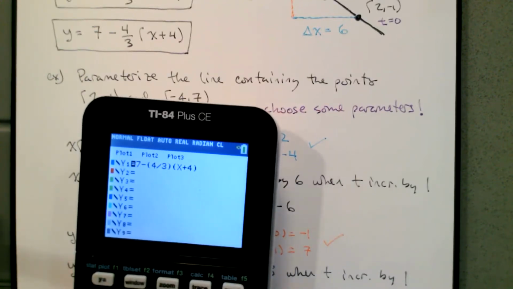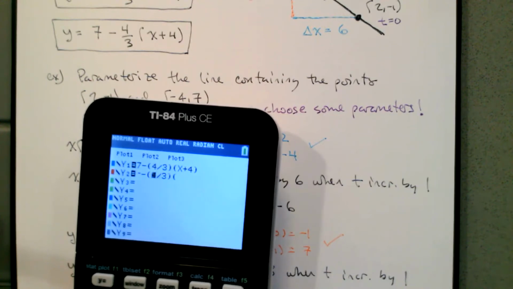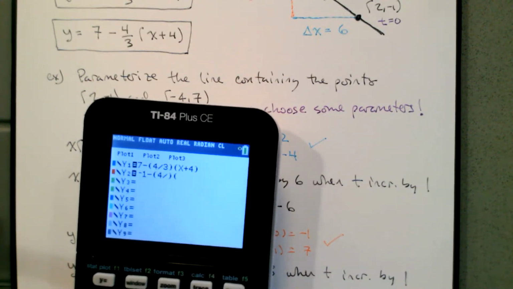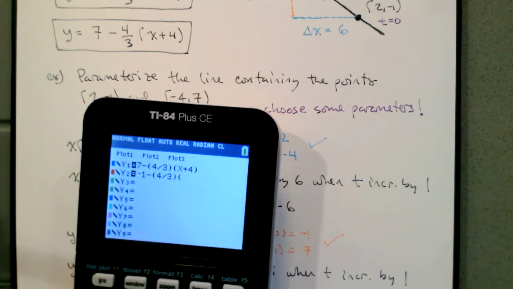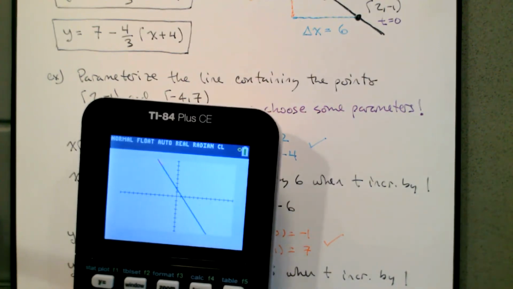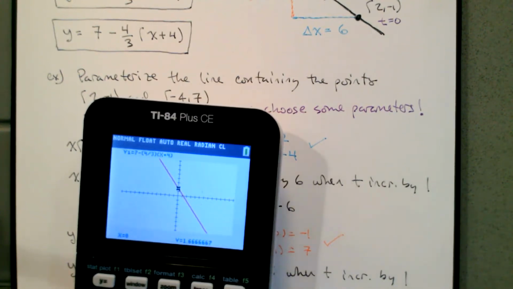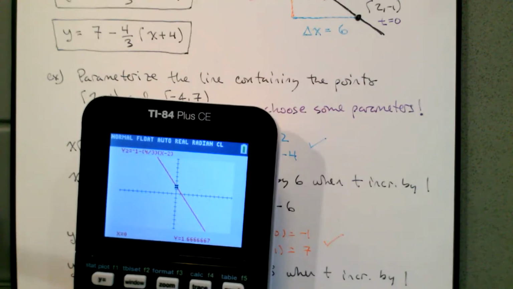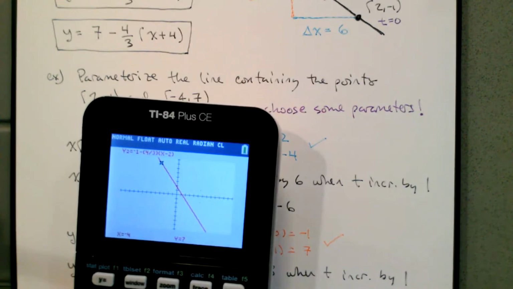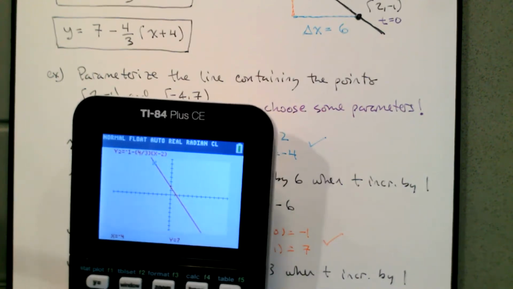Note that if I put in the other line, -1 minus 4/3 times x minus 2, we see the lines are right on top of each other. So if I trace the red line, when x is equal to 2, y is equal to -1, and when x is equal to -4, y is equal to 7. So everything is working so far.